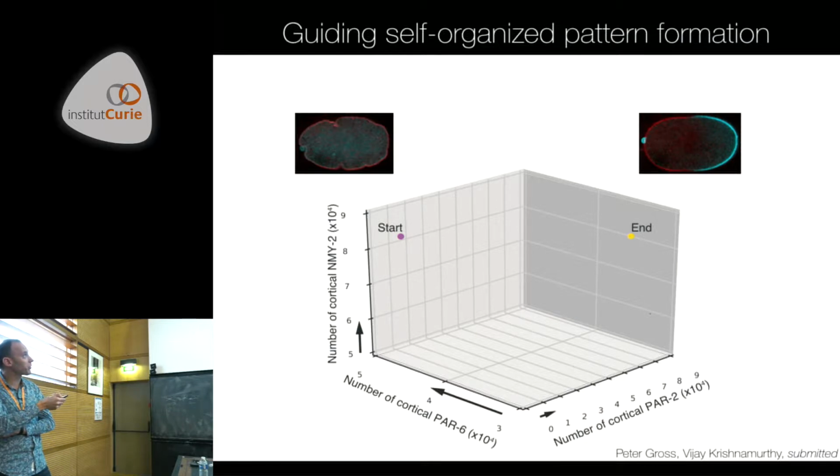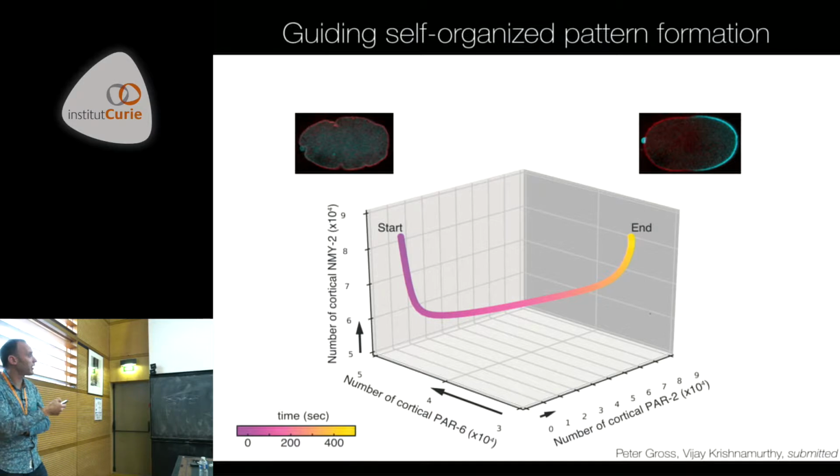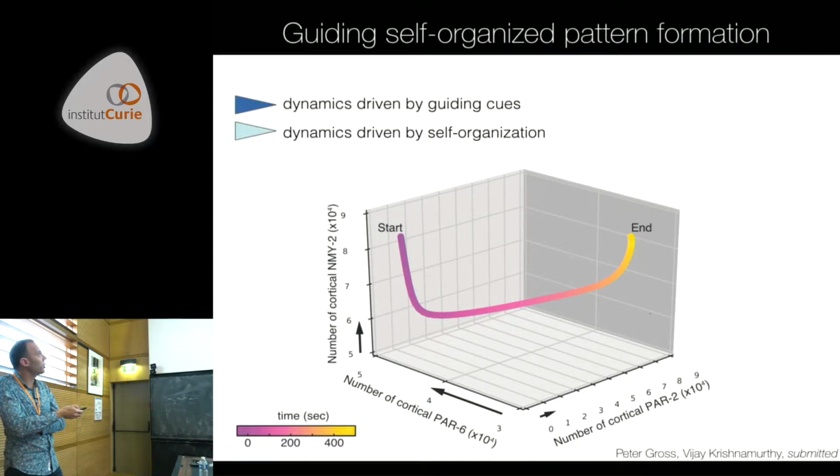The myosin is of course also restricted essentially to the red, and there's also a significant amount of blue. And the way that the system reaches this point is along this type of trajectory, and again it takes roughly 6 minutes.